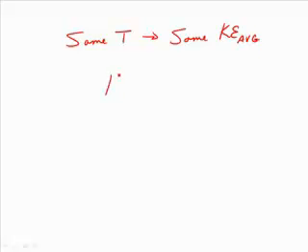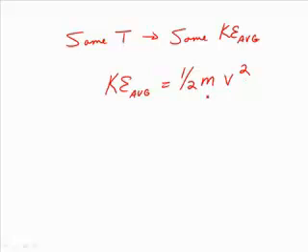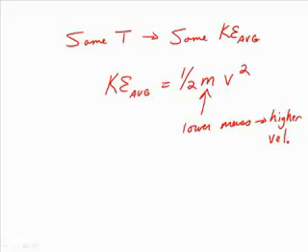All right, and our kinetic energy is 1/2 the mass times the velocity squared, which means that a lower mass is going to give you a higher velocity. So we are looking for the gas molecule that has the lowest mass.